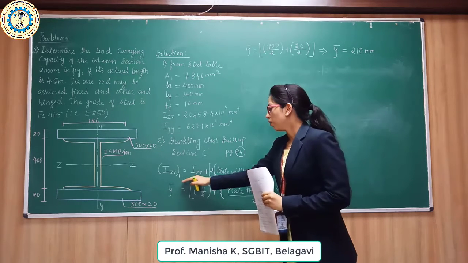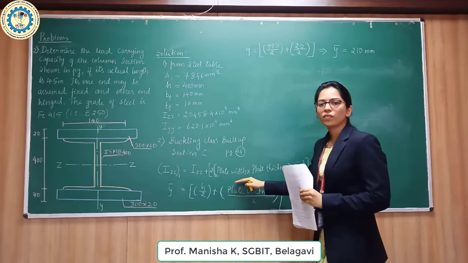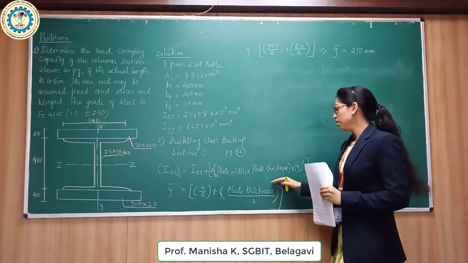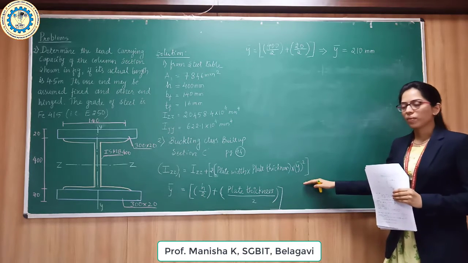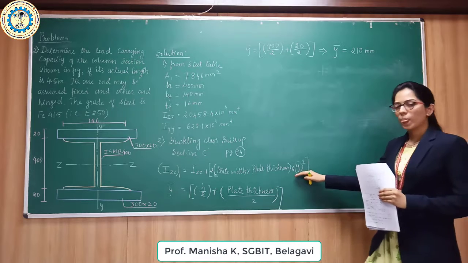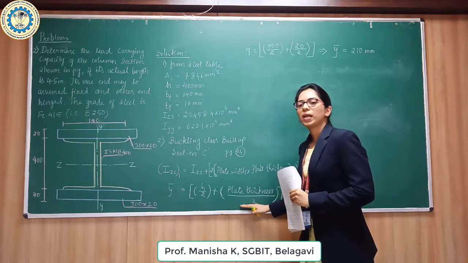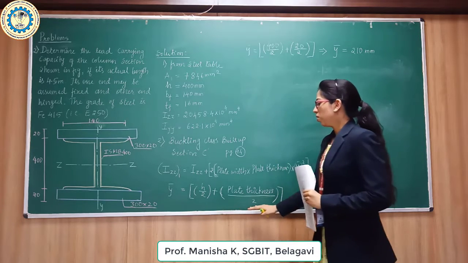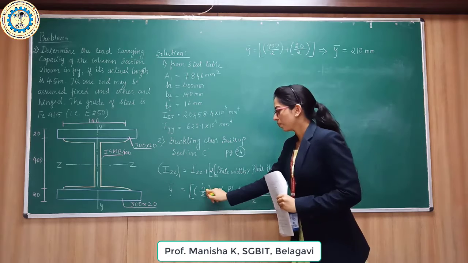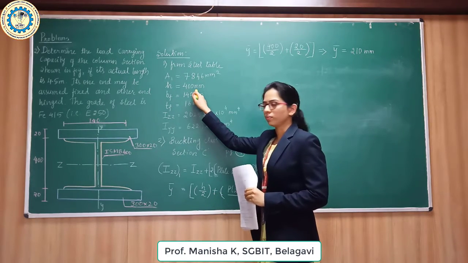Okay. And the formula is IZZ plus 2 times the plate width into plate thickness into the Y bar square. Okay. To calculate this Y bar, the formula is H by 2 plus plate thickness divided by 2. So we know this H, that is nothing but the height of the column.